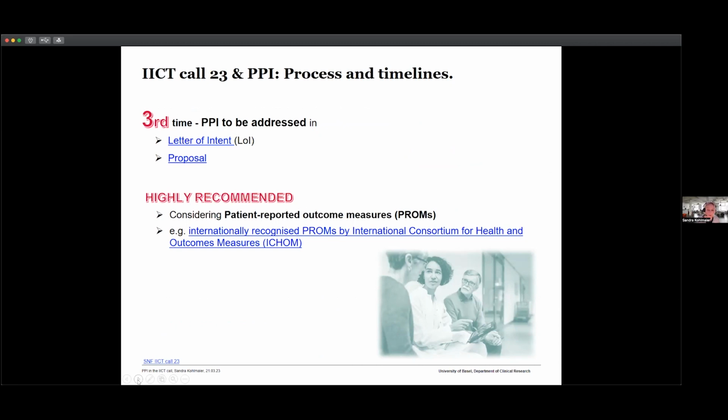And here is one link to the International Consortium for Health Outcomes Measurement with internationally recognized PROMs for different areas of research, or you can have a look whether there might be something which can also be important for your clinical research project.